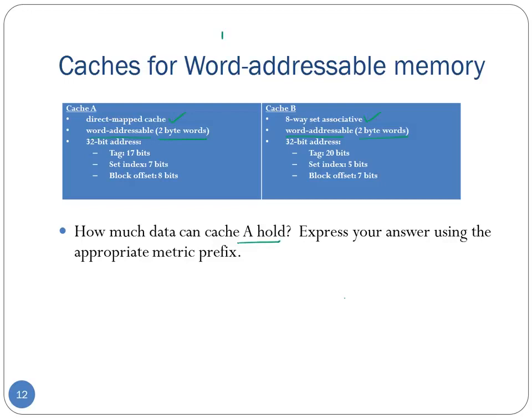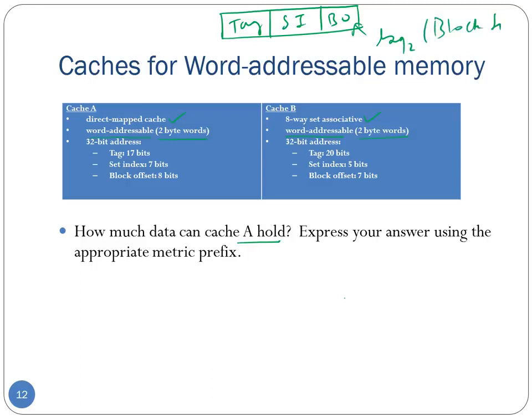So once again, as we have seen, the address division would be in three parts: block offset, set index and tag. For this direct map cache, block offset is log to base 2 of block size, and set index is basically log to base 2 of number of cache lines.